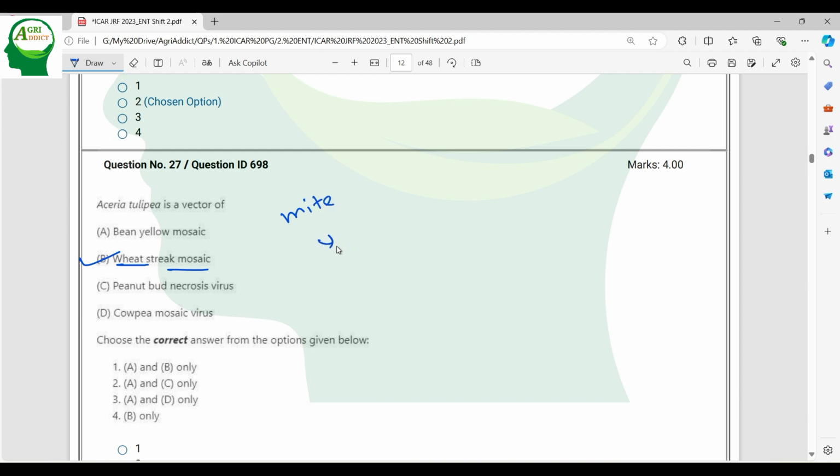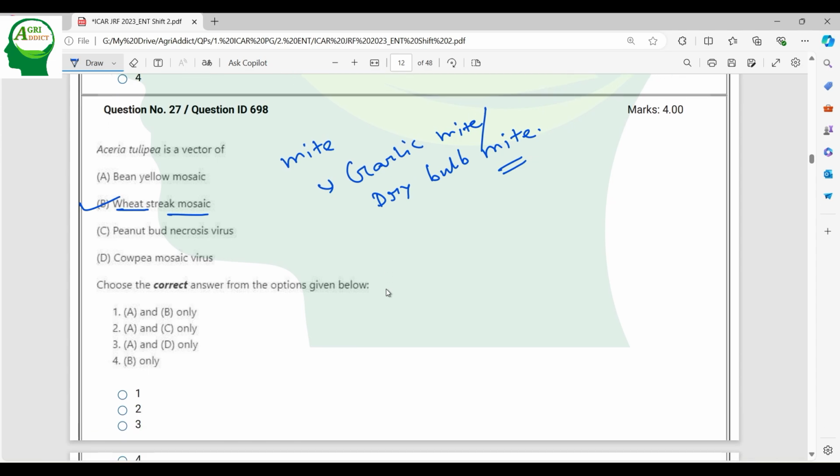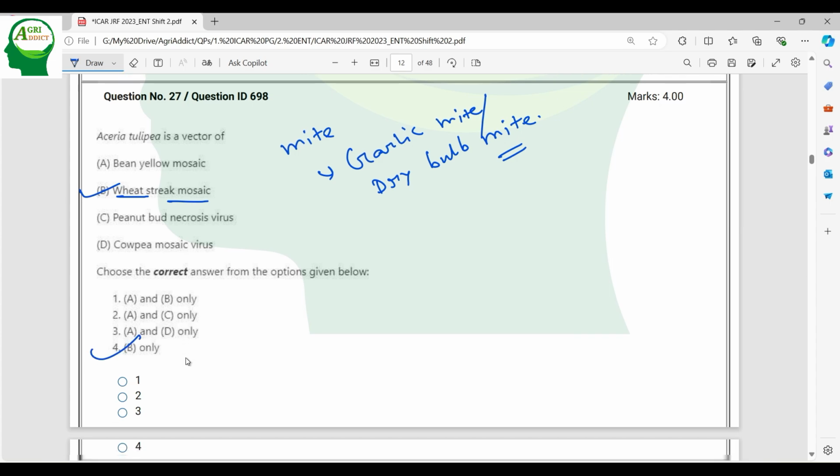Okay, this is also known as garlic mite, or it can be called sometimes dry bulb mite. So this is also an important mite pest of garlic, onions, and this type of crops. So this is also a vector of this wheat streak mosaic virus. So option B is the correct answer only.